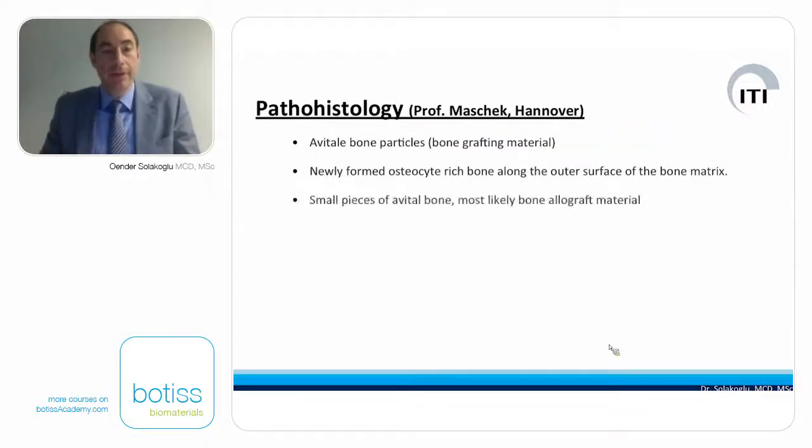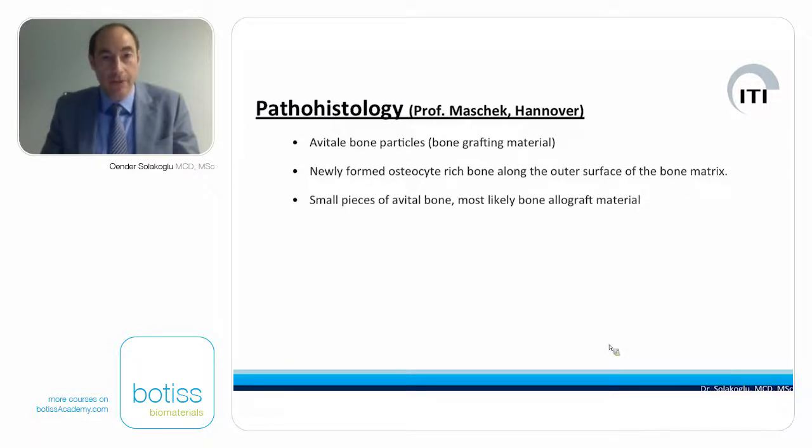So this is basically the result by Professor Maschek. He's a pathohistologist in Hanover, and he found still some avital bone particles, very little amounts, but he still found them.